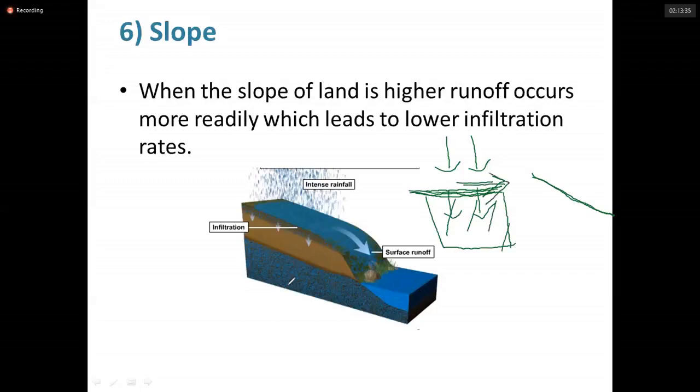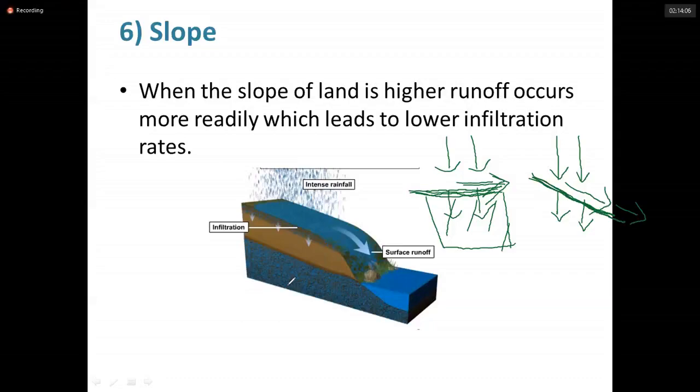it starts to move as runoff. But in this type of case, if it's a steep slope, what will happen if the precipitation is here? The water needs a fraction of a second to get into the soil. So in between that time, it's easily wasted as runoff because the land is very sloping, very steep.